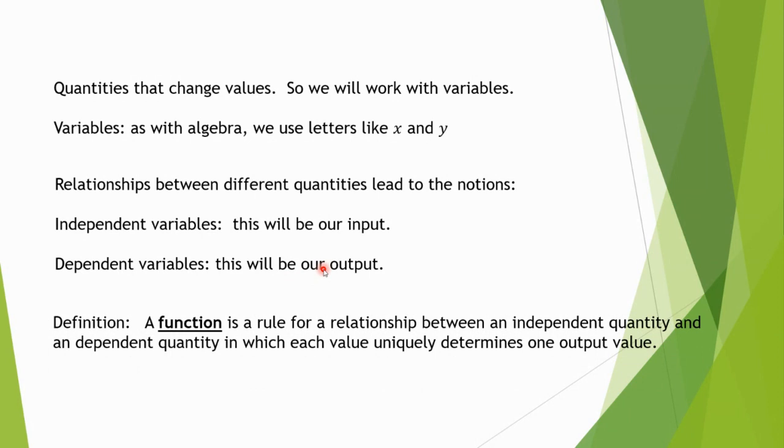A function is a special kind of relationship where for each independent value, for each input, you're getting a unique output. The independent variable is your input. The output is your dependent variable. And that's really what a function is, okay?